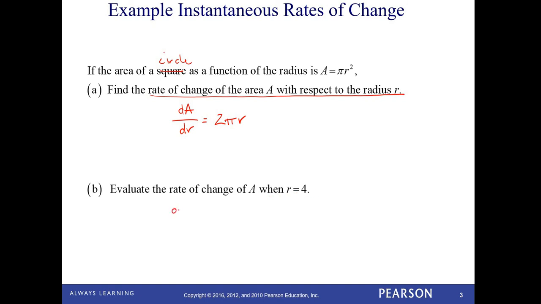So that means that dA dr evaluated at r equals 4 would be 2 pi times 4, which is 8 pi. So that's the instantaneous rate of change of the area of a circle whose radius is 4.